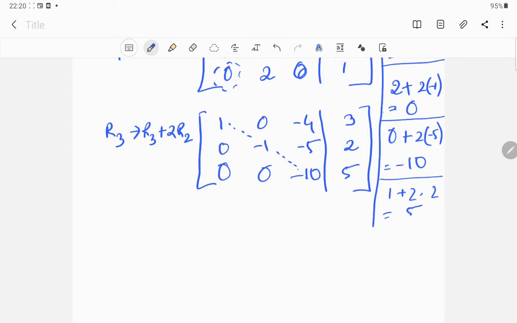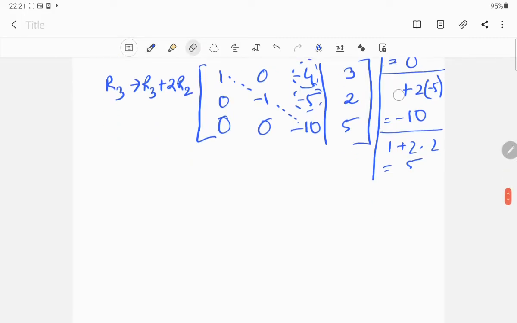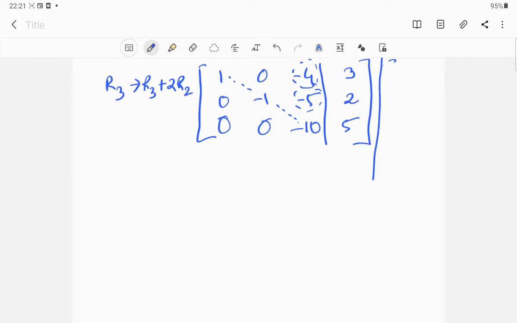So now we need to make these two things equal to 0. For that, we need to apply some trick. So next thing what we can be doing is R1 into R3.